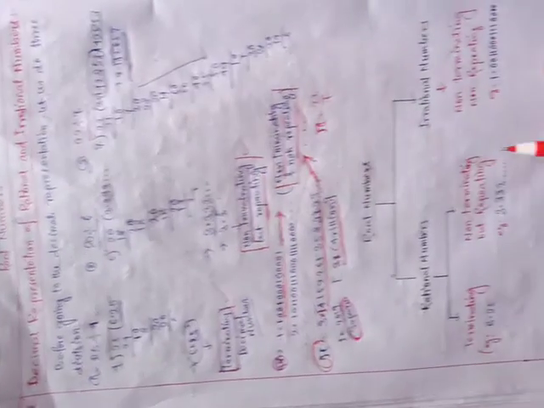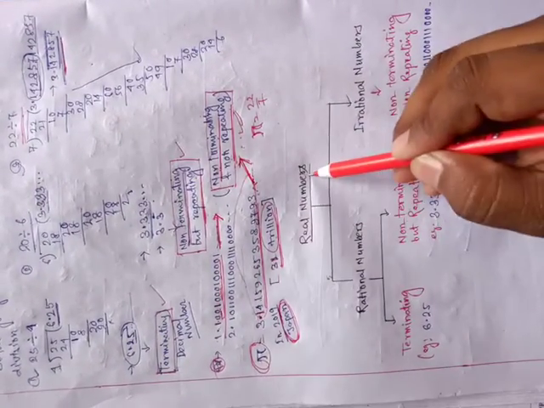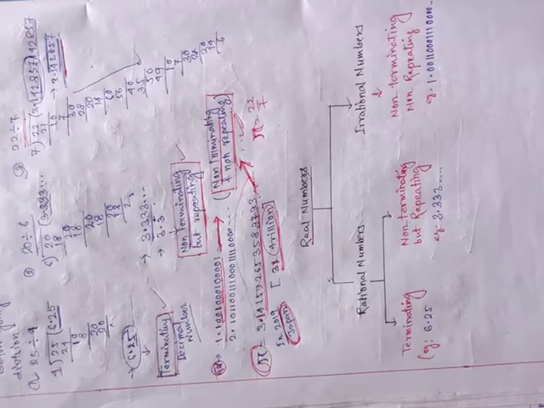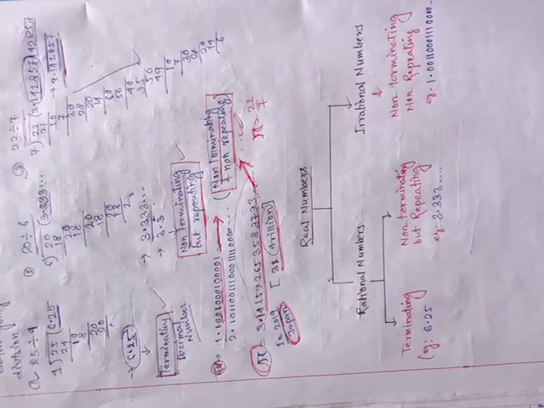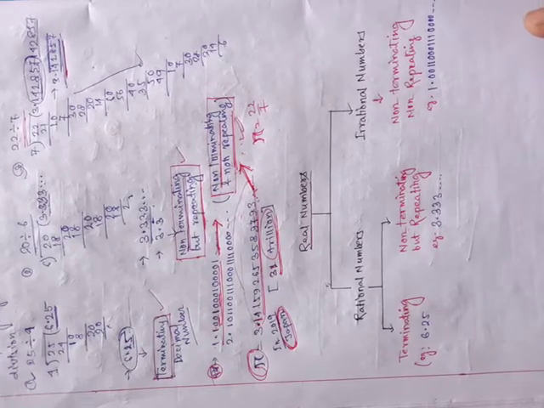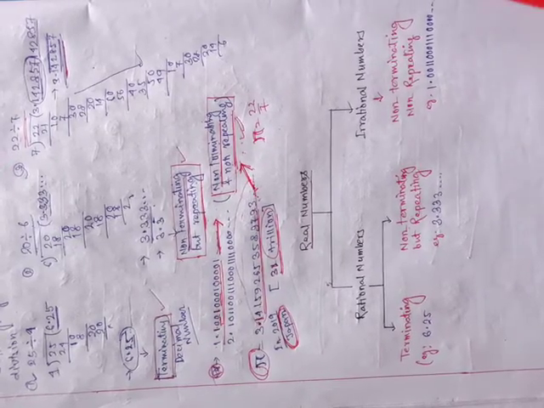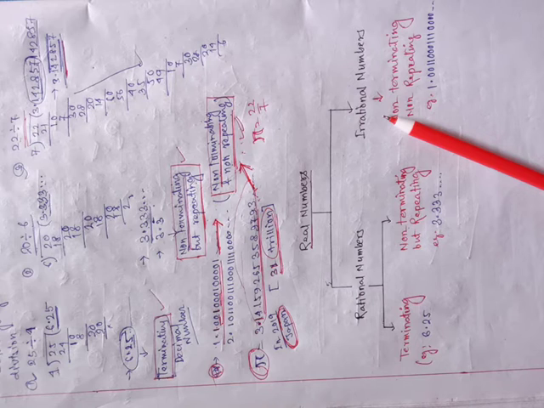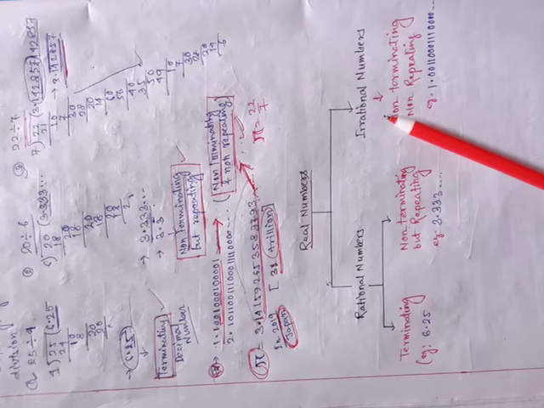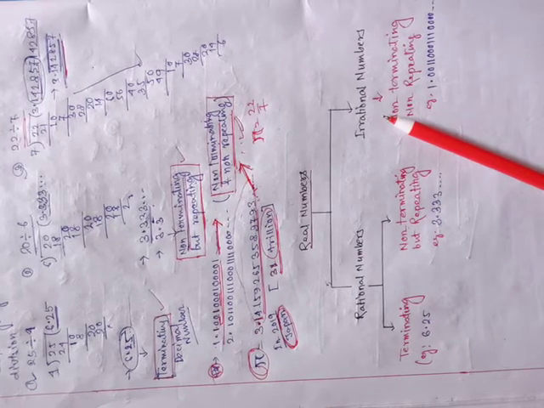Now, coming to the next point: we have already discussed that real numbers have 2 parts, rational and irrational. We have to know which type of decimal representation is for rational numbers and which type is for irrational numbers. This is the most important thing.